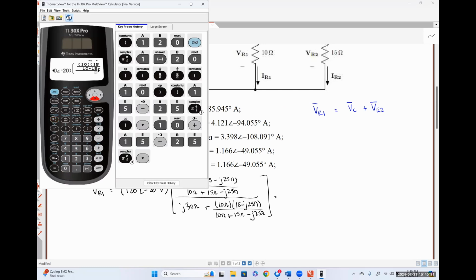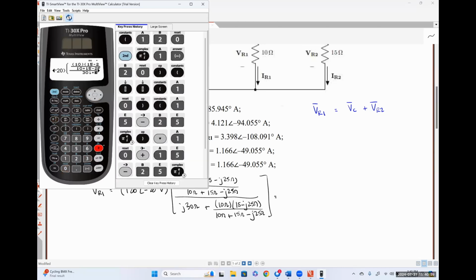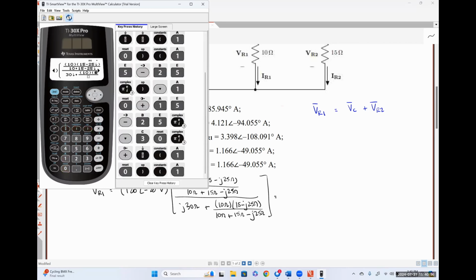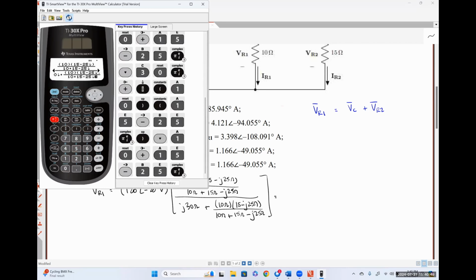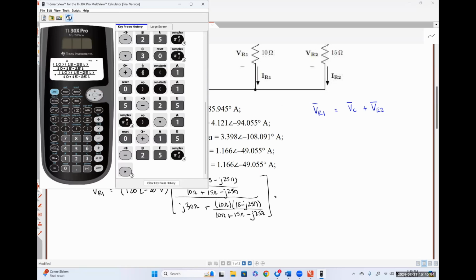And then down here in my denominator, I'm going to have 30i plus, and then all that stuff that I put in the numerator. So 10 times 15 minus 25i over 10 plus 15 minus 25i. Close parentheses.